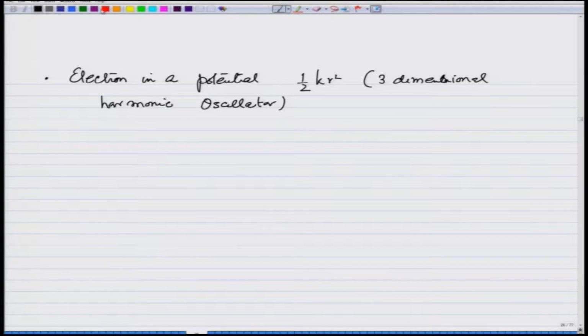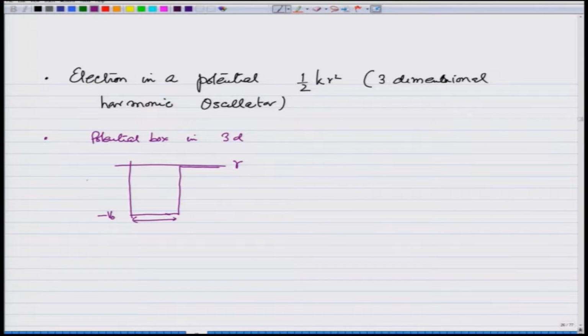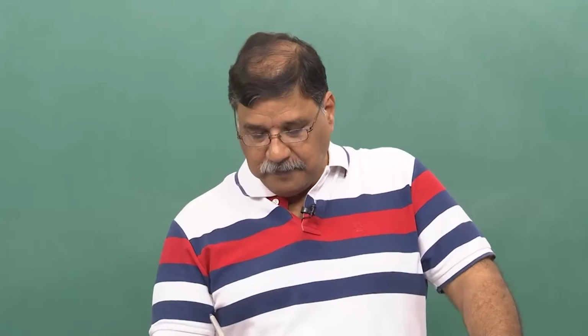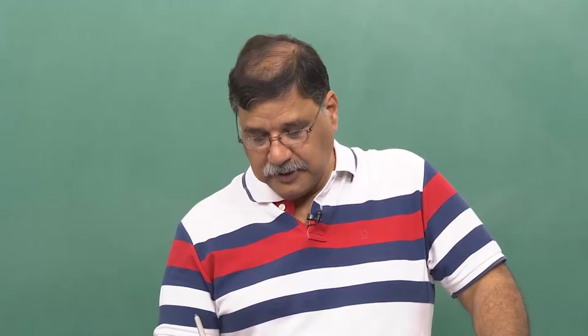Let me take one more example, potential box in 3 dimensions. So, that will be something like this. It is minus, say, some constant V0 up to a distance a, and then it becomes 0. This is r, V(r), and this is a distance a. This is another example of a 3-dimensional potential. All these potential energies have V that depends only on r.